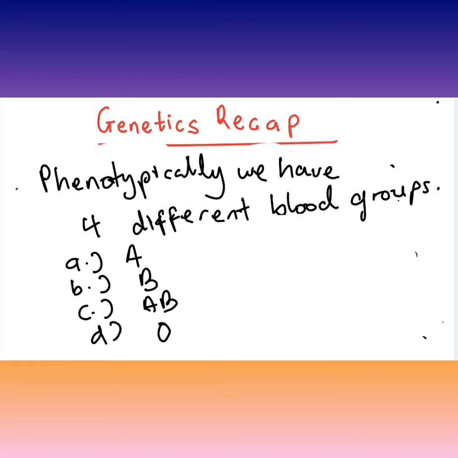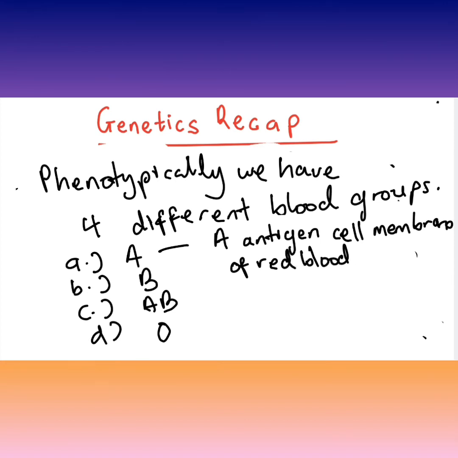Now, when an individual belongs to blood group A, that means you have the presence of A antigen on the cell membrane of the red blood cells of that individual. Same thing goes for B. You have B antigen present on the cell membrane of red blood cells also.